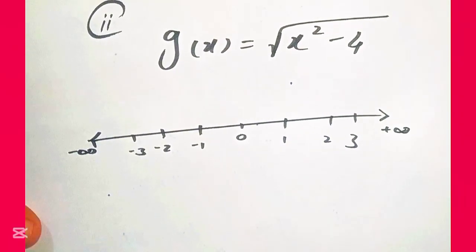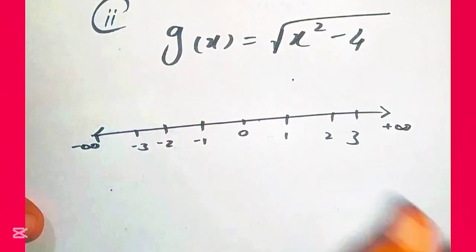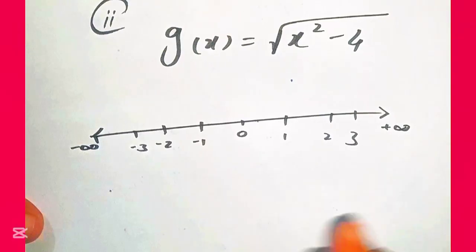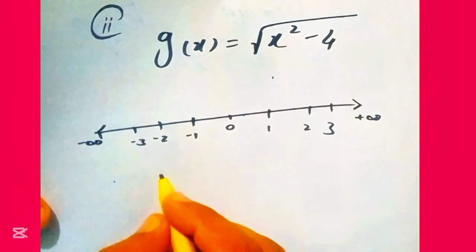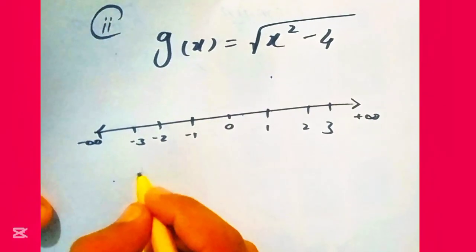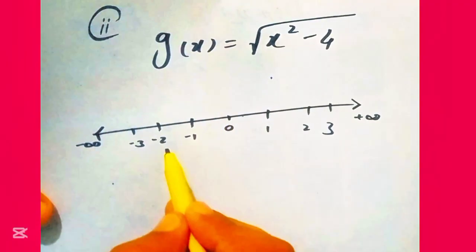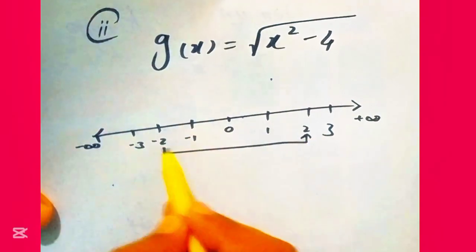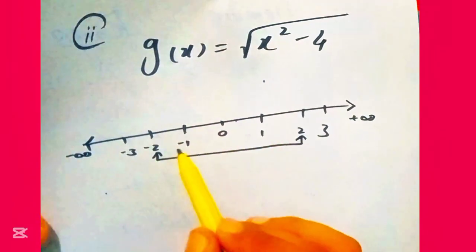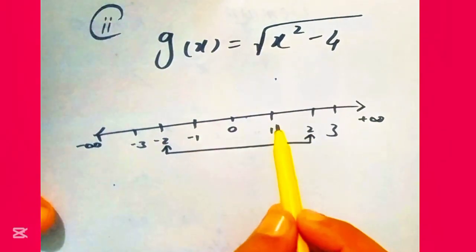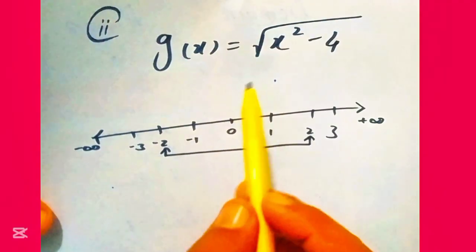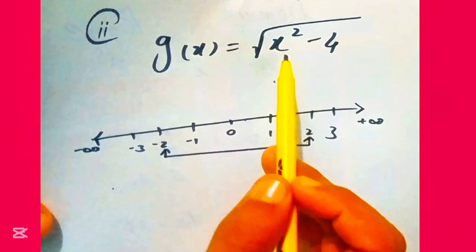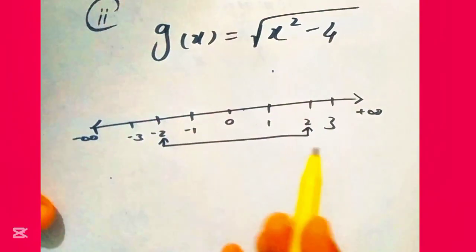So here when we replace 1, minus 1 and 0, our answer comes out fine. Its domain becomes from minus 2 to plus 2, because for numbers outside of minus 2 and 2, when we put them in the function, our answer becomes a complex number.